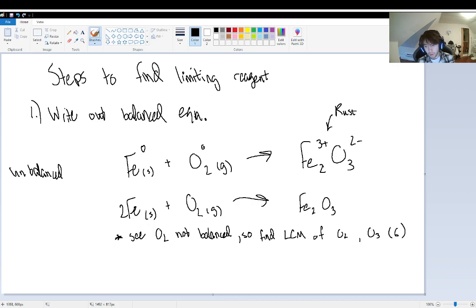This is 6. The only way I can do that is if I multiply this side by 2 and multiply this by 3. So I'll rewrite this part: Fe solid plus 3O2 gives 2Fe2O3. The only thing I notice on this side is that I have 2 iron on the left, 4 iron on the right. So the quick fix to that is just putting a 4 up front.